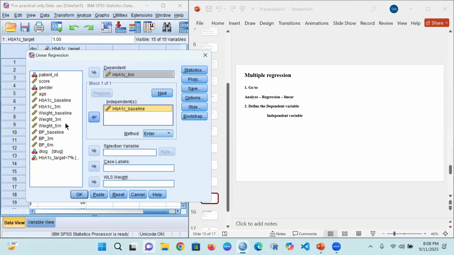Also, you can have something like weight at 6 months.